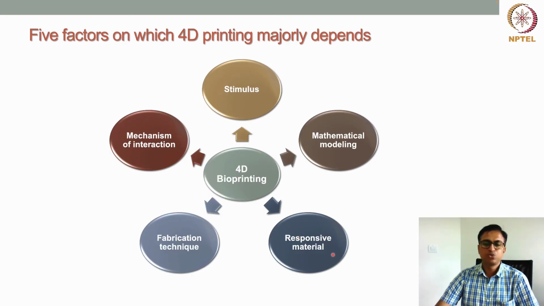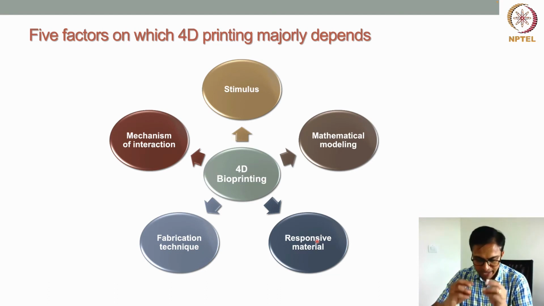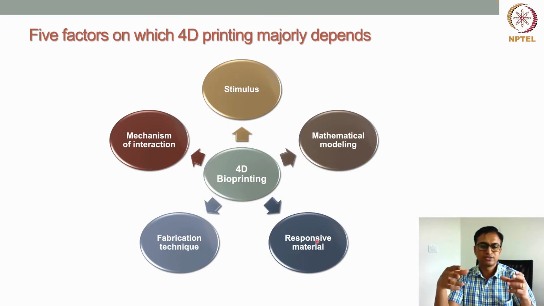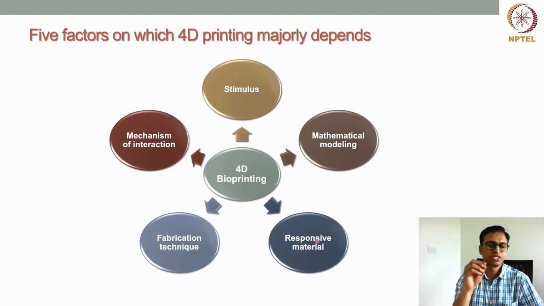Again, for 4D bioprinting, we have been using different types of responsive materials or smart materials. These materials can be thermal responsive, temperature responsive, and also magnetic responsive. That means if we introduce magnetic materials within the printed structures and then bring a magnet close to the structure, the induced magnetic field can bring changes within the structure because of the presence of these magnetic particles.